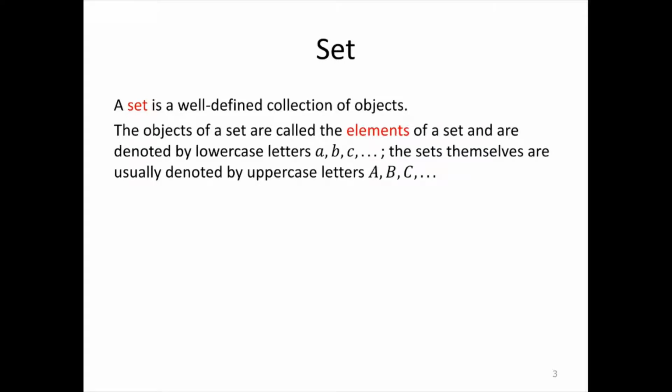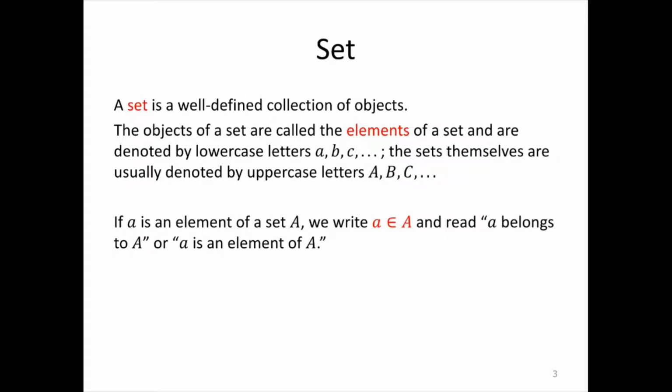Okay, so these objects of a set are usually called the elements of a set. And then we usually use lowercase letters to denote those elements, while the uppercase letters we use to denote the sets themselves.